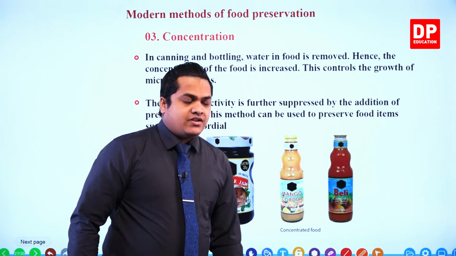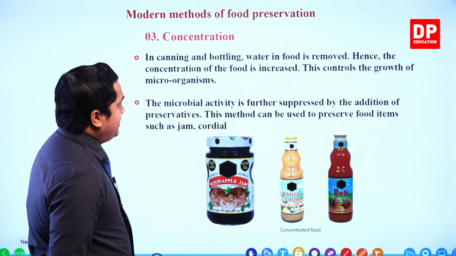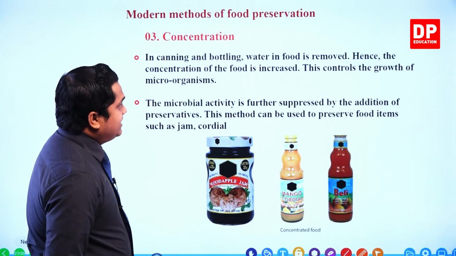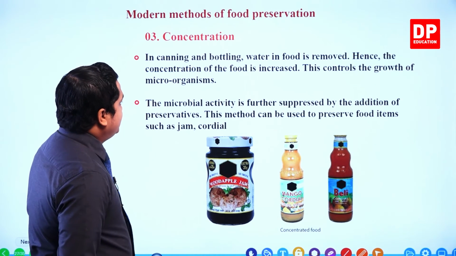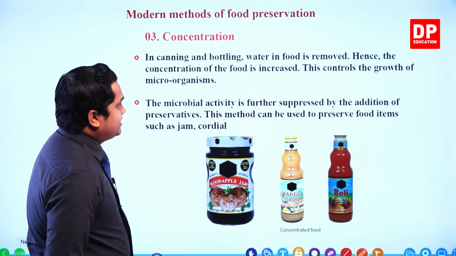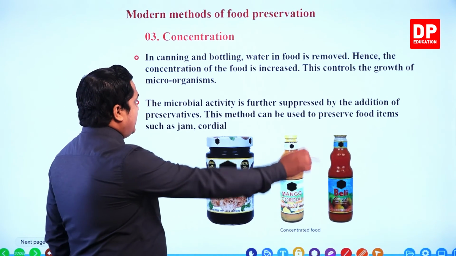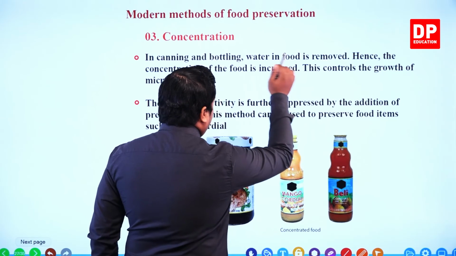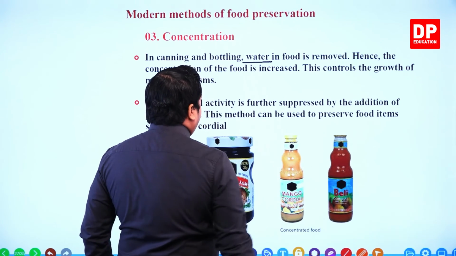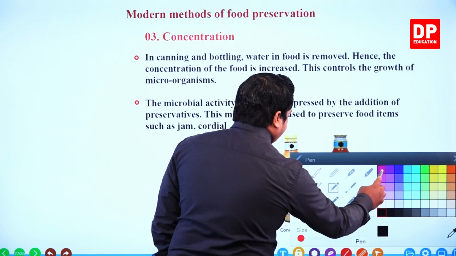Okay, so let's see what is the content given. In canning and bottling, water in food is removed. Hence, the concentration of the food is increased. This controls the growth of microorganisms. Here especially we are controlling the water content, my dear children.